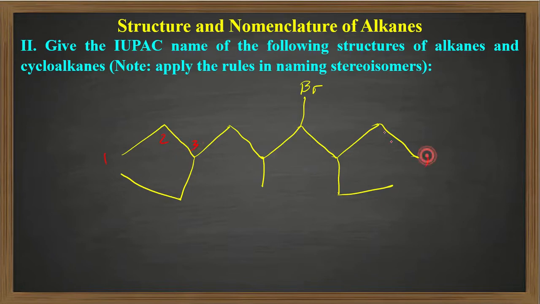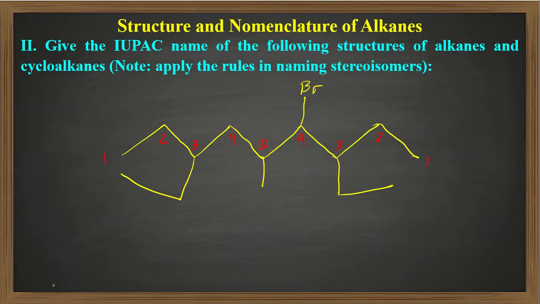Kung sa right side naman, again, the nearest substituent is carbon number 3. However, the next substituent, okay, will be in carbon number 4 kung nata sa right side magsugod sa itong carbon number 1. Pero kung sa left side ta magsugod, the second substituent will be in carbon number 5.